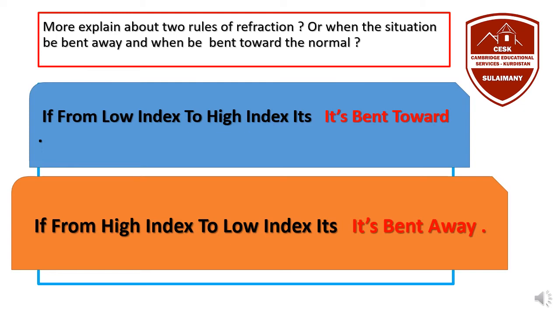Number 2, if we come from high index, then enter to low index, in this case we have bent away, or n1 greater than n2, that is mean theta 2 greater than theta 1. Okay.